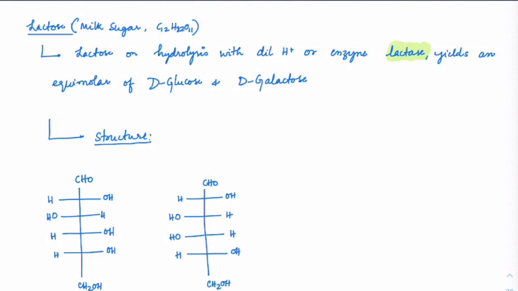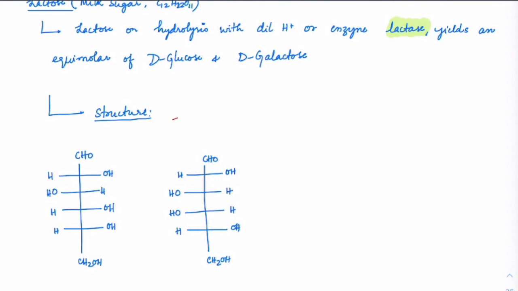Structurally, it is carbon 1 of beta D-galactose with C4 of beta D-glucose. If you combine these two, then we get the lactose form.